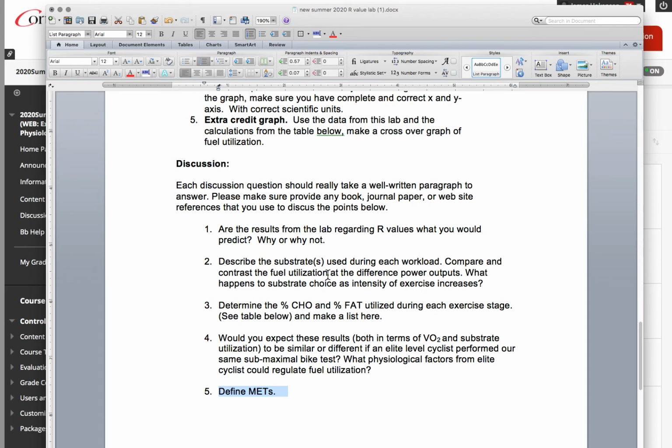And then you'll describe the substrates. So were they using more fat or using more carbohydrate? And then you'll use the data table at the bottom of this graph to look at the percent of fat and the percent of carb at each stage. So at rest, at easy, moderate, and then hard intensity exercise.